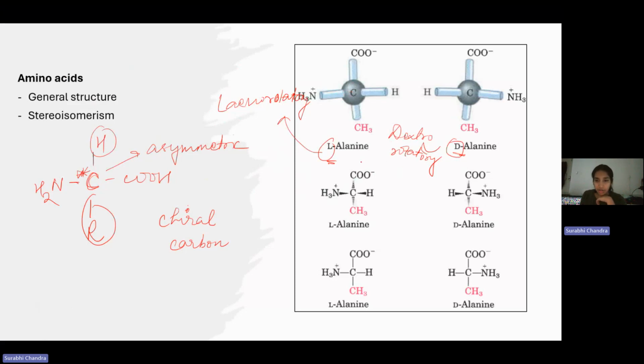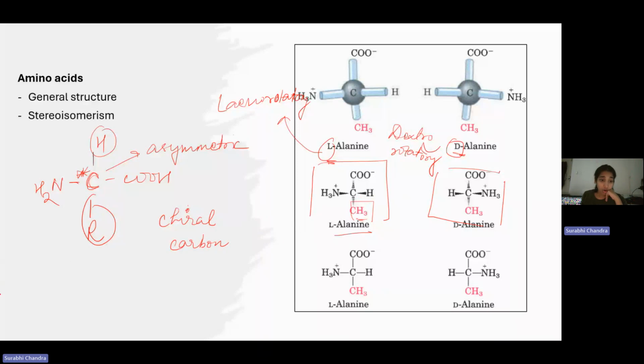Accordingly, there is another representation, the wedge and dash representation of these amino acids, wherein two moieties are coming out of the plane of the paper and two moieties are going into the plane wherein we are representing the molecule. Suppose we keep this CH3 group fixed here, then if the H atom is on the right hand side and this NH2 group is on the left hand side, it is L-alanine, whereas in the other case, it is D-alanine.